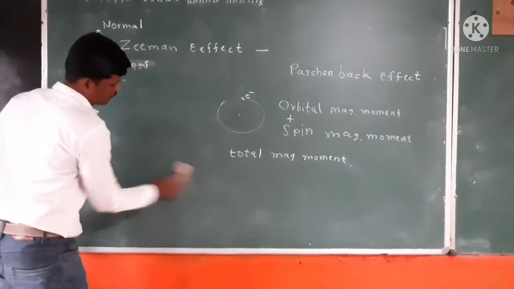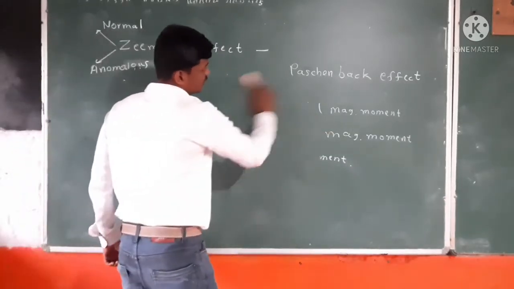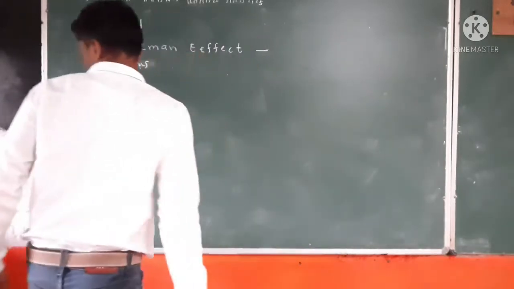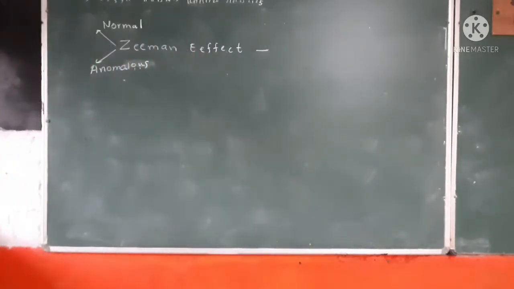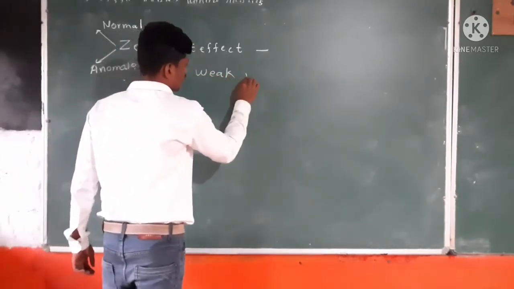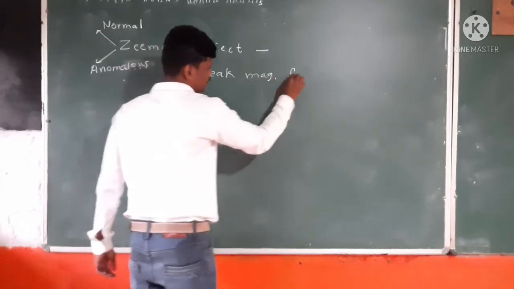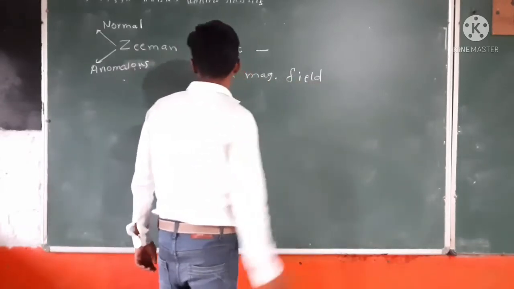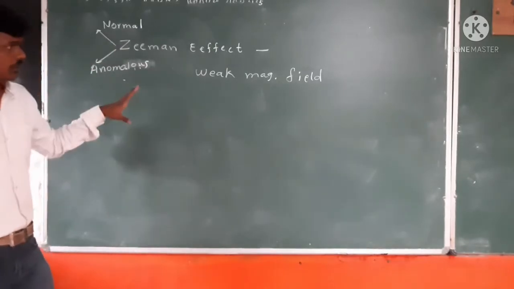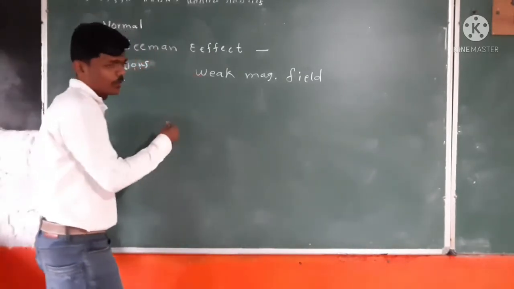The normal Zeeman effect is the splitting of a spectral line into components due to a weak magnetic field. But what is the difference between normal and anomalous?